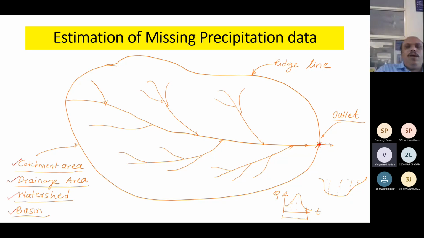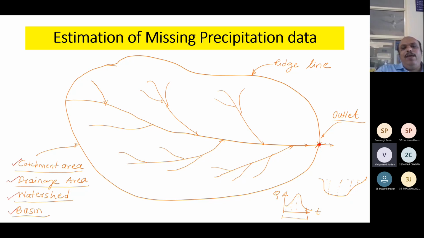So due to such a topography, whatever rainfall occurs, that rainwater ultimately reaches one common outlet through a network of drains. In this figure, the network of drains is shown. There is a main streamline at the center, and that main streamline is fed by a number of small streamlines.